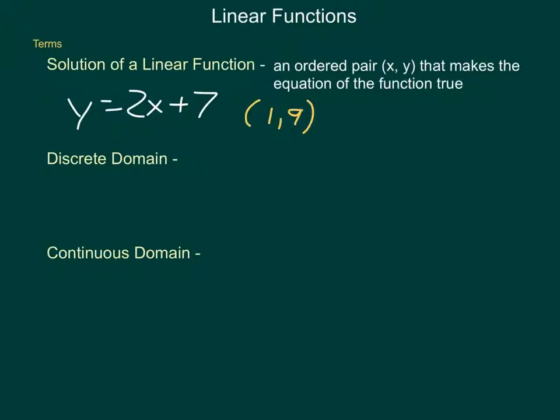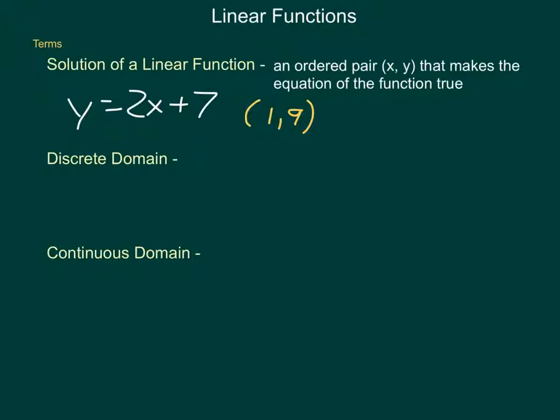What I would do is substitute in the first number for my x and the second number for my y and see, is it true. So 2 times 1 is 2, plus 7 is 9. So if I substitute in the 1, I do indeed get 9. Yes, this is a solution to this function.